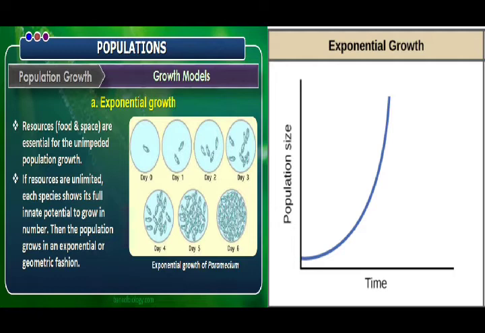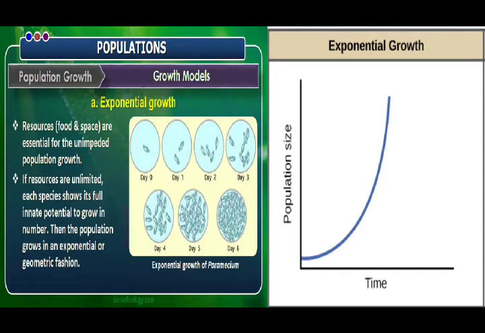So the resources, that is food and space, are essential for unlimited population growth. So if the resources are unlimited, each species shows its full innate potential to grow in number. Then the population growth is in an exponential or geometric fashion.